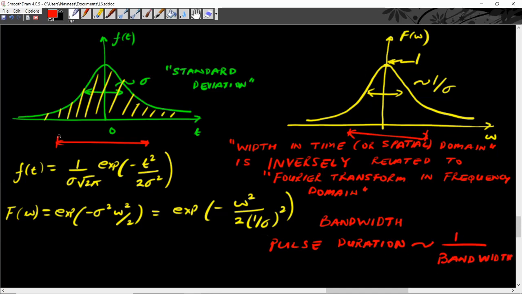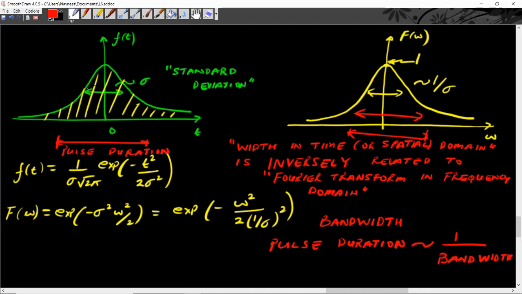So here, this is the pulse width or the pulse duration, and this is my bandwidth. So note that in this particular case, the function extends from minus infinity to infinity, but by duration we mean the characteristic width of this signal.